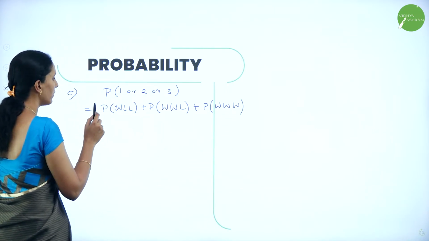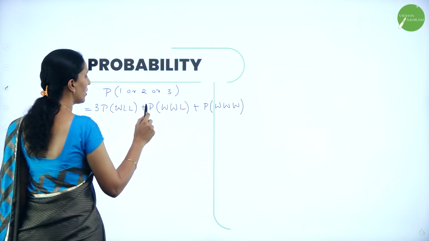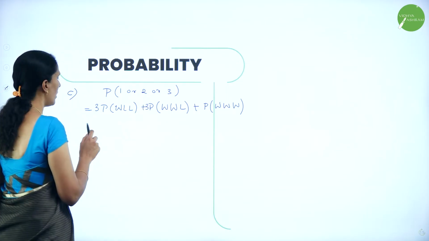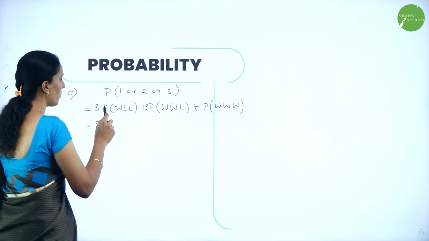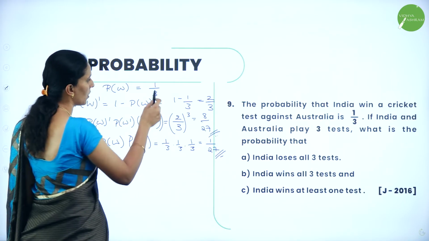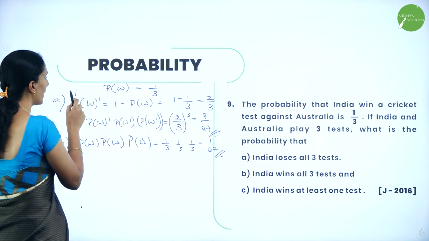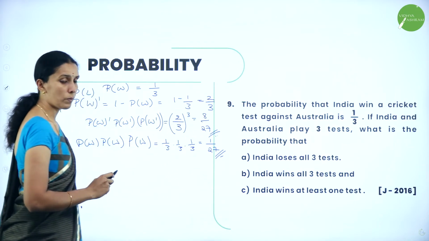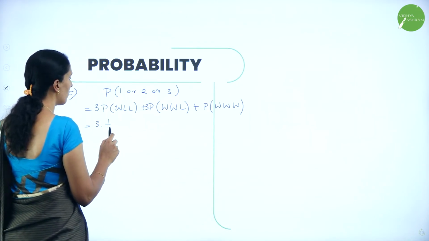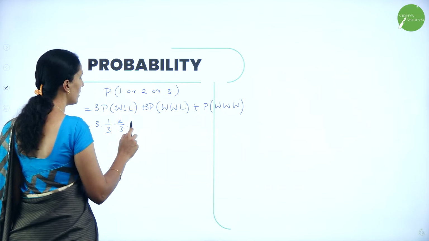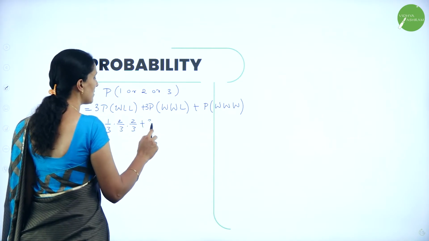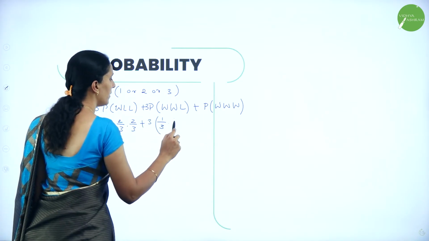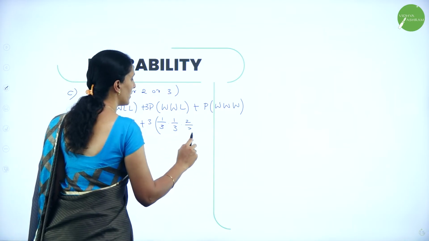So here we need 3 tests, and here also we have 3 tests. So therefore now 3 into the probability of winning, which they have given us as 1 by 3. We can also take the probability of losing the match, which is nothing but 2 by 3. So here it becomes 1 by 3, 2 by 3, 2 by 3, plus 3 into 1 by 3, 1 by 3, 2 by 3.